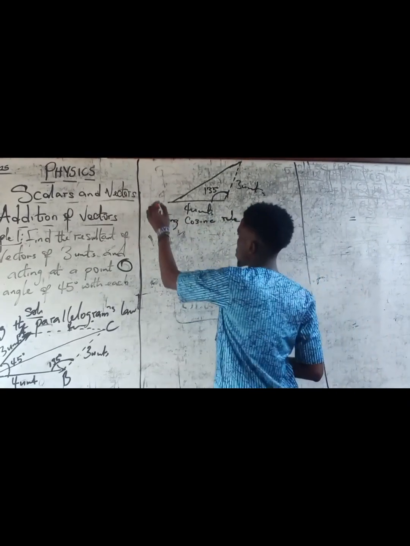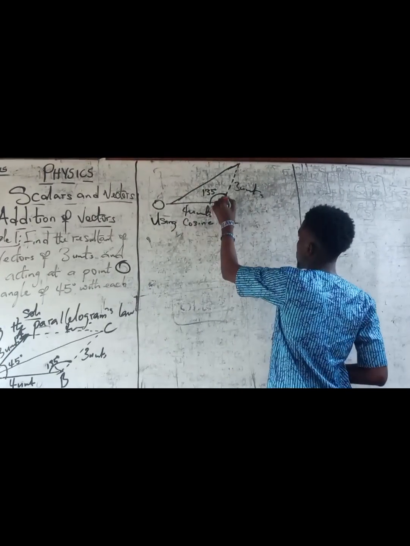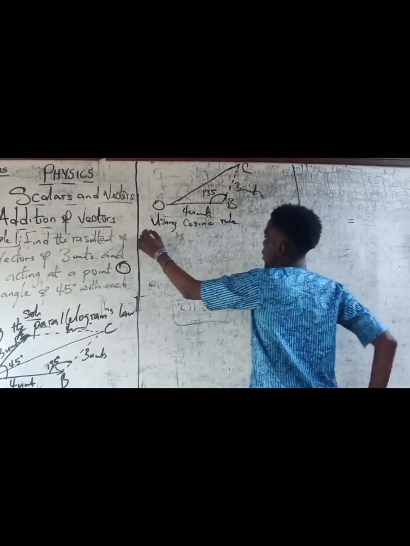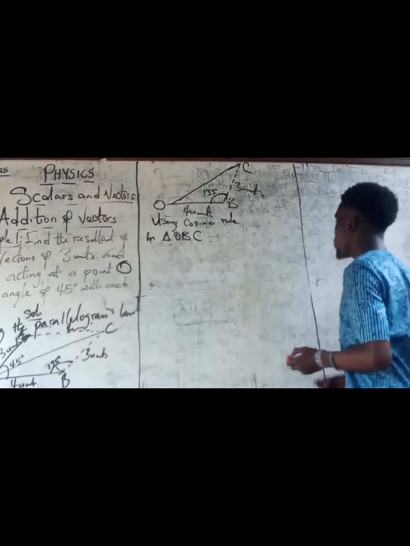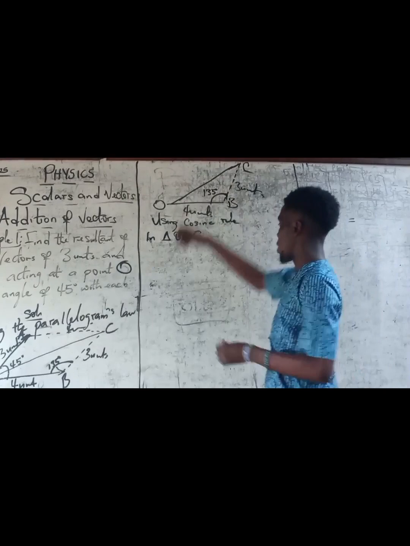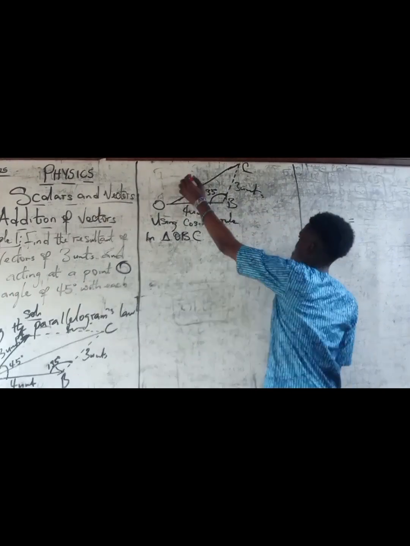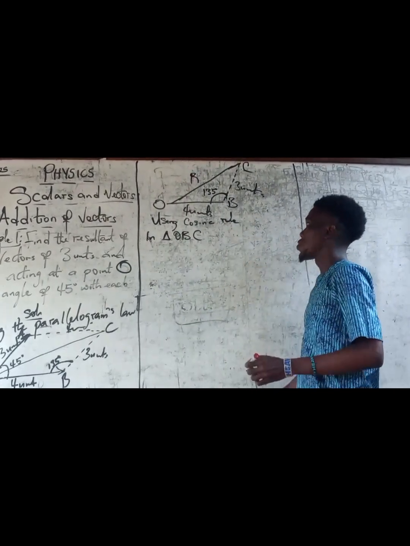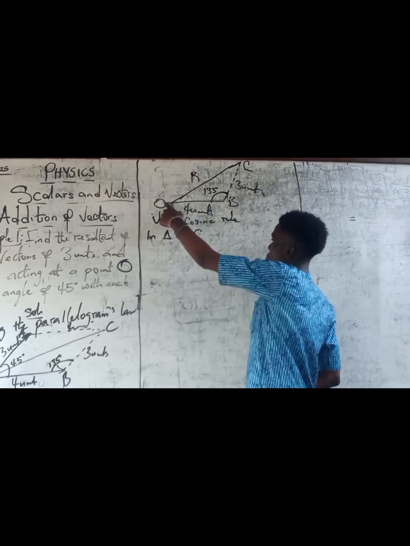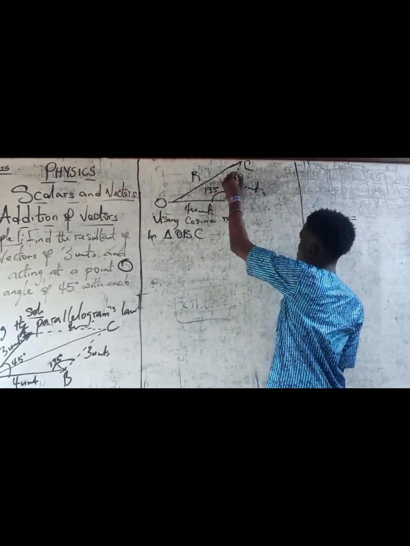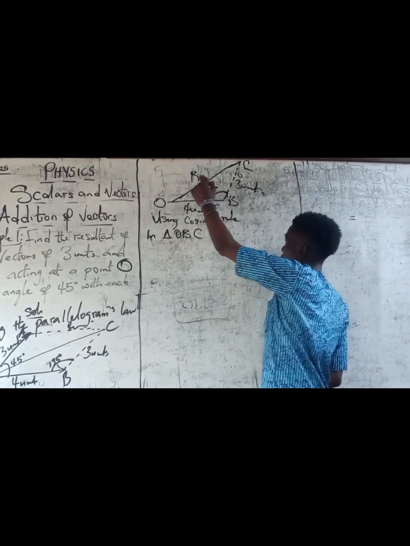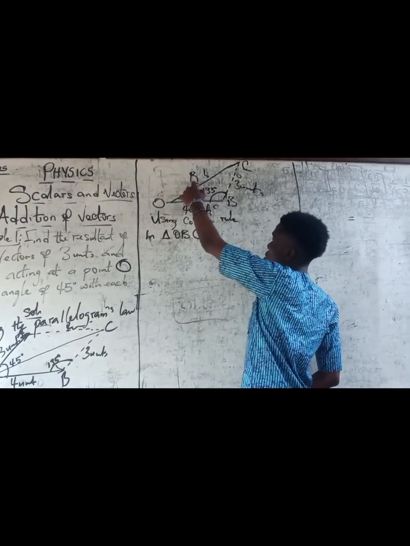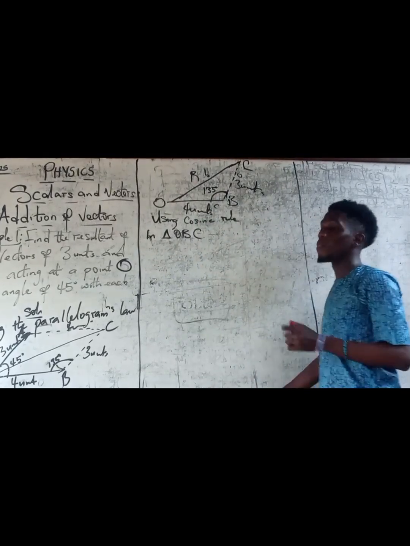So let's call this O, this B, and this C in triangle OBC. Our main goal here is to find the length of this diagonal, which is R. So let's do that together. If here is O, this is length O. If here is C, this is length C. If here is B, this is length B, but we can also call it R. This is the resultant vector.